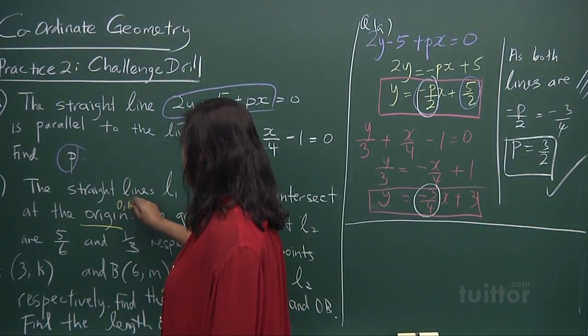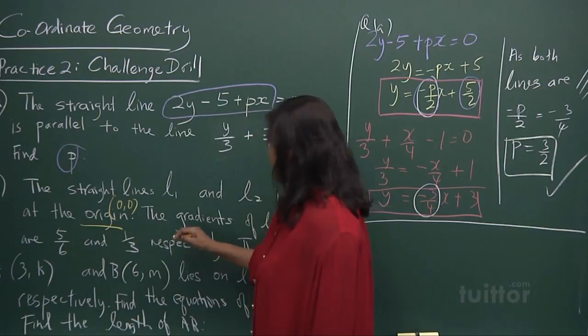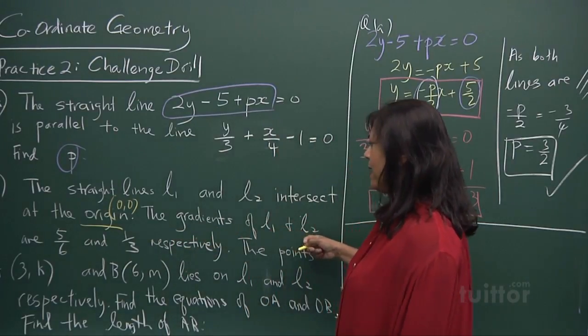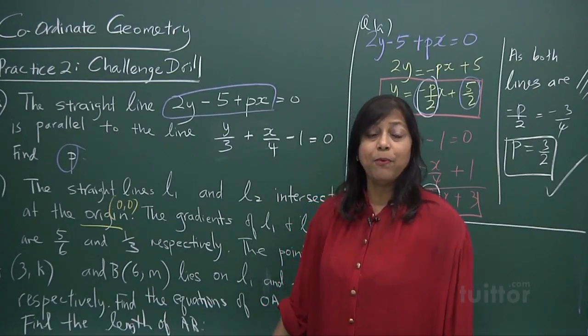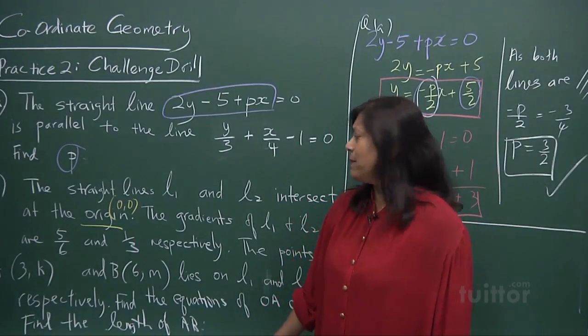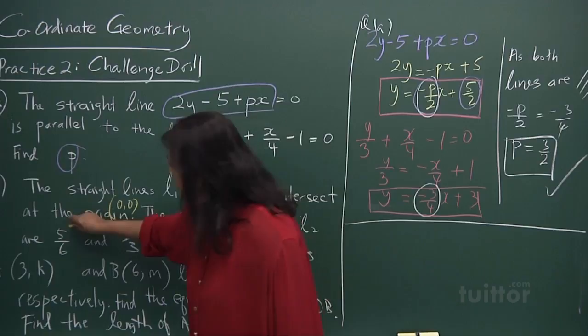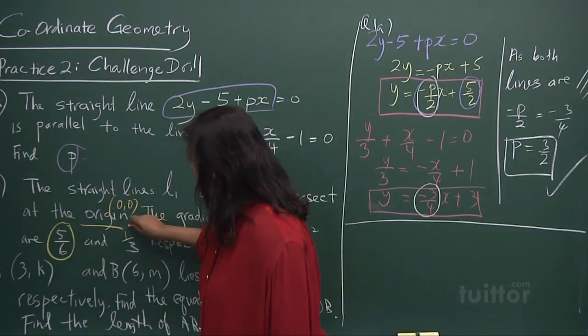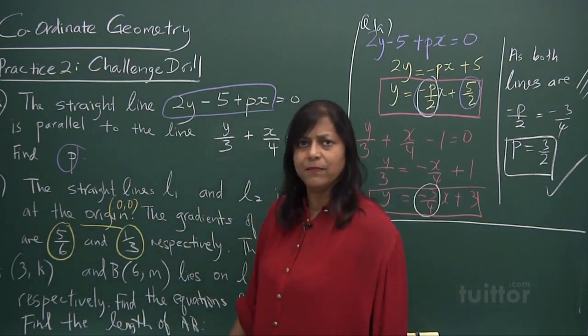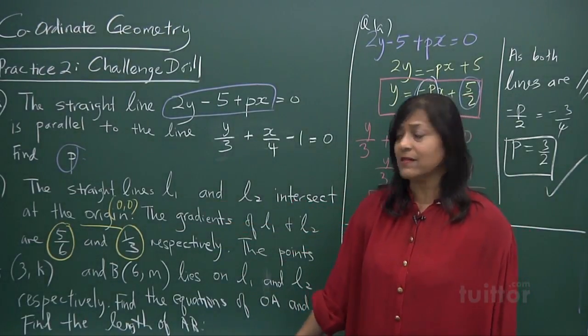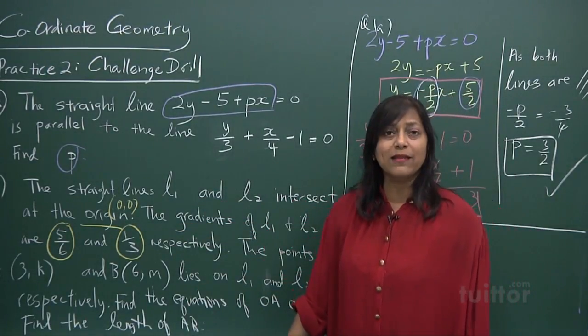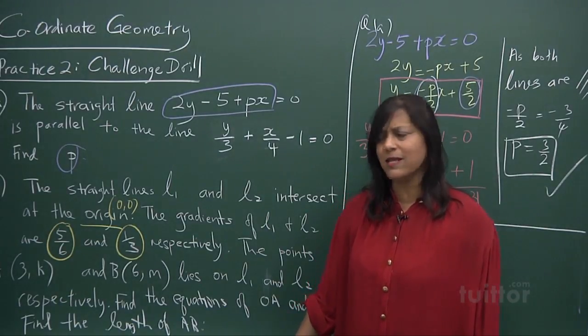And the gradients of L1 and L2 are 5/6 and 1/3. They are both positive gradients. But can you tell me which gradient is steeper? Which line is steeper? L1, because L1 has 5/6, whereas L2 is 1/3, that is 2/6.